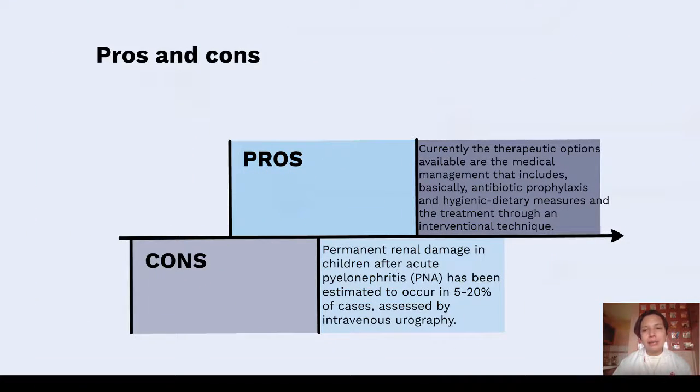Pros: currently the therapeutic options available are the medical management that includes, basically, antibiotic prophylaxis and hygienic dietary measures, and treatment through an interventional technique. Cons: permanent renal damage in children after acute pyelonephritis (PNA) has been estimated to occur in 5 to 20% of cases, assessed by intravenous urography.